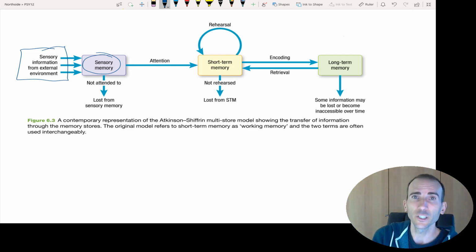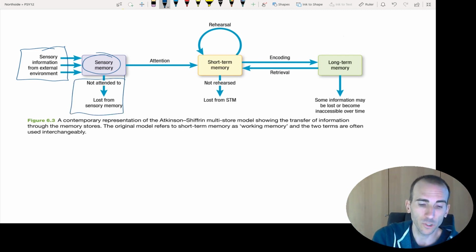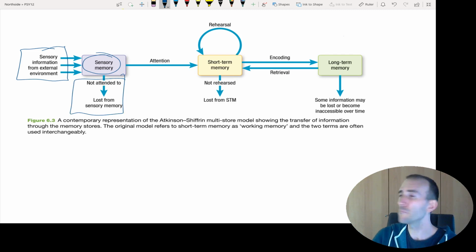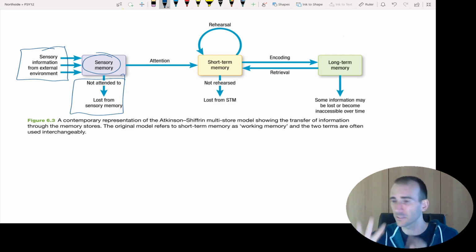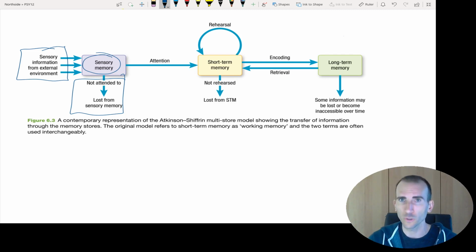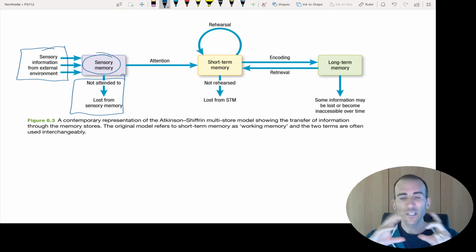And if I don't pay attention, if I don't think about it straight away, I can lose it, right? Most of what we look at and hear and touch, we lose straight away. We don't encode it and store it, and therefore are unable to retrieve it later. Most of the sensory input we get just vanishes because we don't pay attention to it.